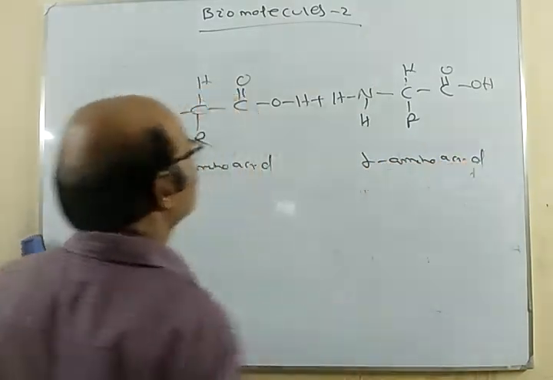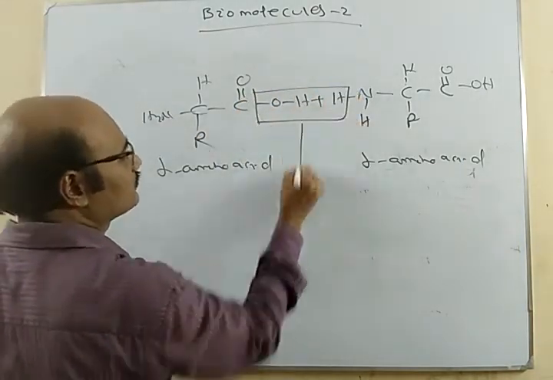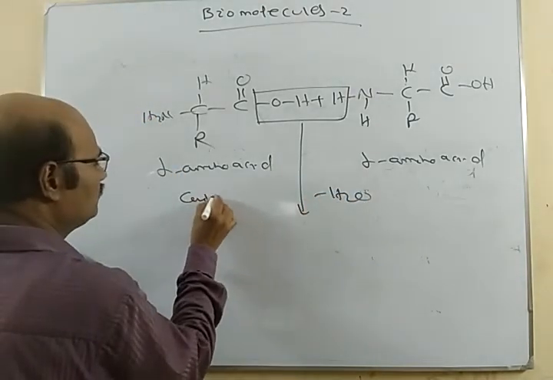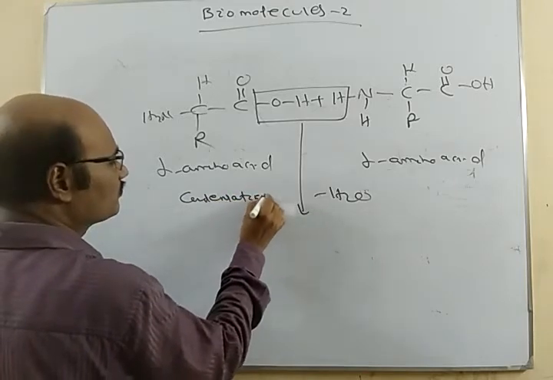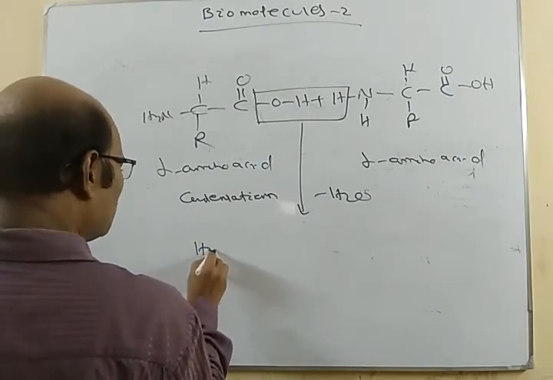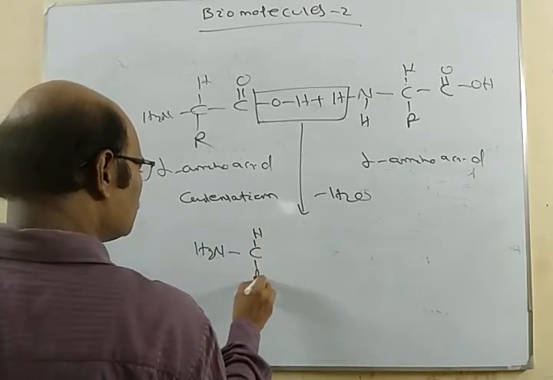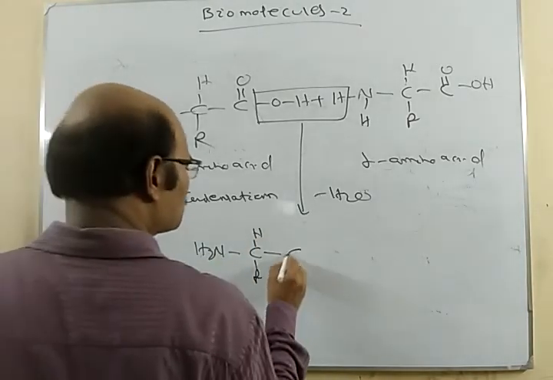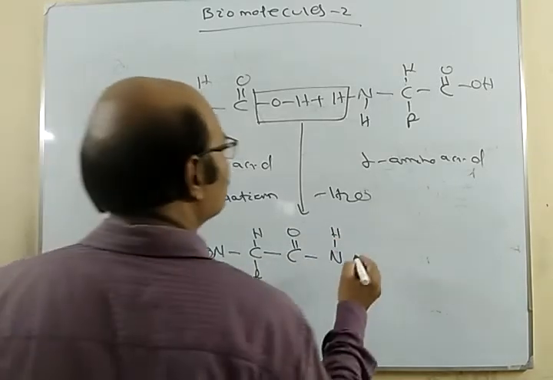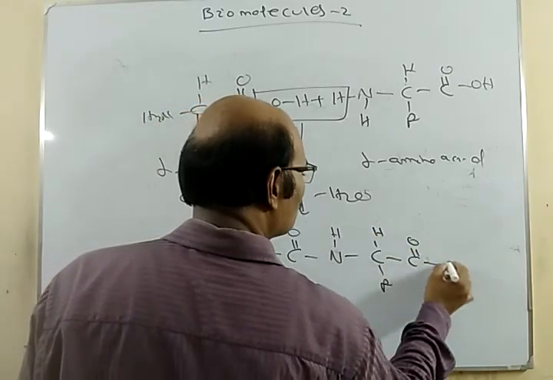Alpha amino acids. Now this OH of this one and H of the NH2 of this one, minus water. What is condensation? Condensation will happen, and we get H2N-CH-R-C double bond O-NH-CH-R-C double bond O-OH.